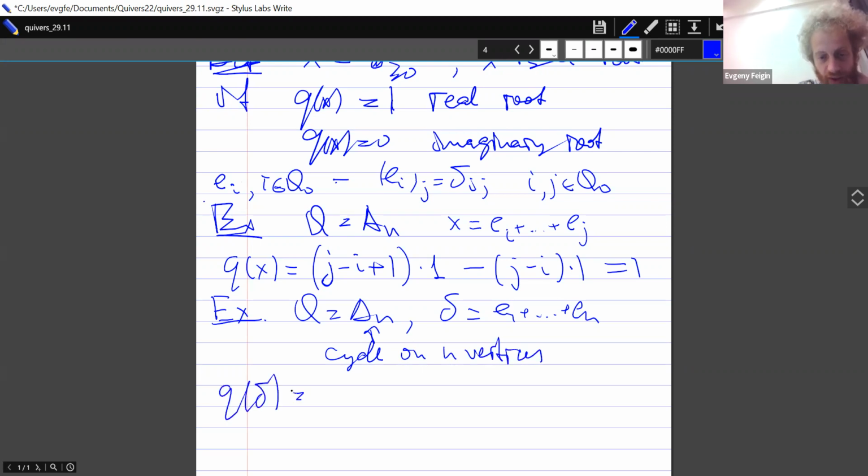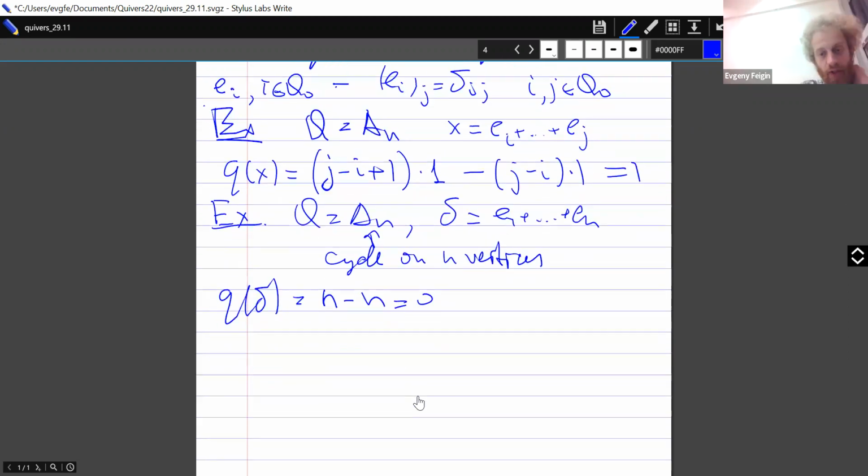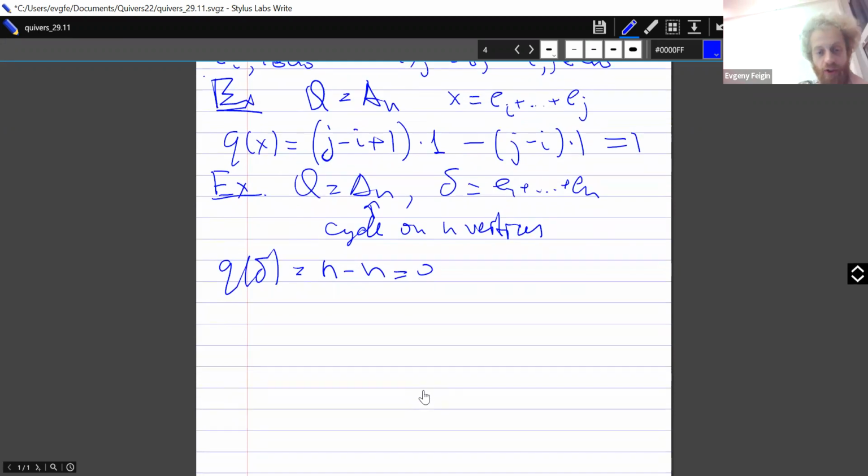Can you tell me? 0? Yes, 0, because this is n minus n. So n vertices, each vertex contributes 1, and we have n edges, each edge contributes minus 1, so this is 0.